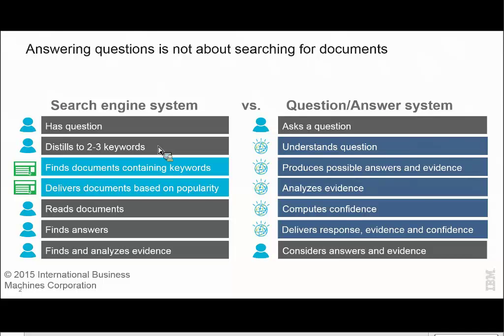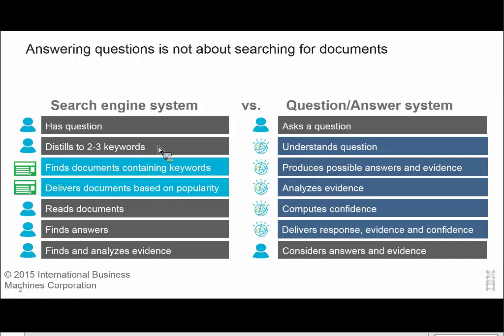So for background, it's the question answer system, slightly different take than your traditional search engine system, where in a search engine system you're primarily focusing on keyword searches and trying to come up with relevant results based on that.